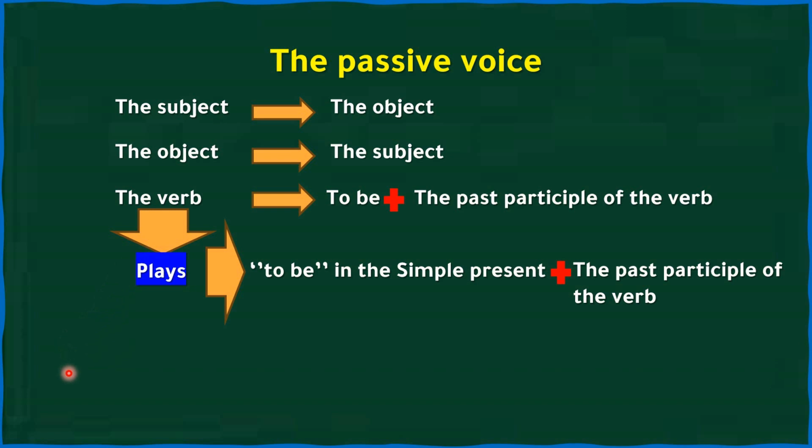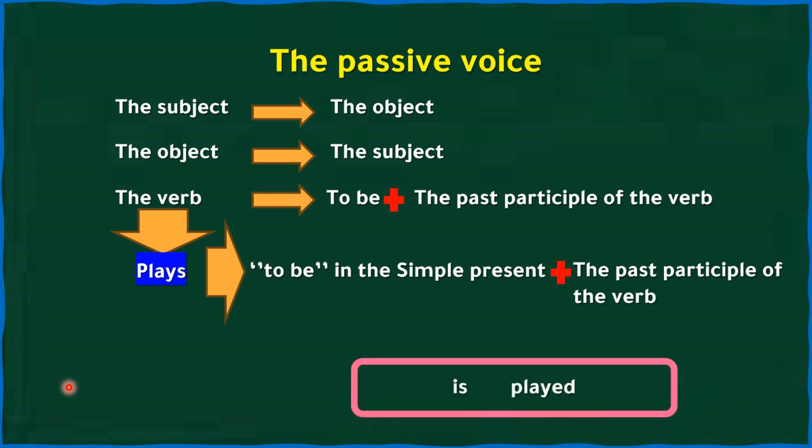Irregular verbs always take ed in the past participle. So we say is played. Is, because here we have the simple present, and played for the main verb, which is play, we put it in the past participle. This is for the passive voice.